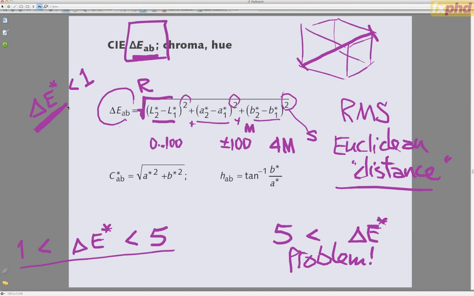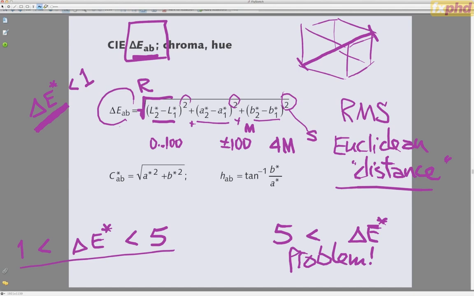Now, you have to take them with a grain of salt because I can't tell you exactly where in color space delta E needs to be less than 1 or less than or equal to 1, and where you can get away with delta E of 2 or 3. It all depends exactly where you are in color space. But that's the whole reason for Lab space.